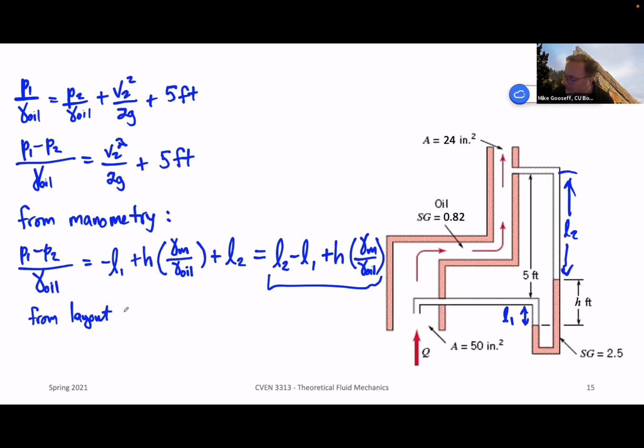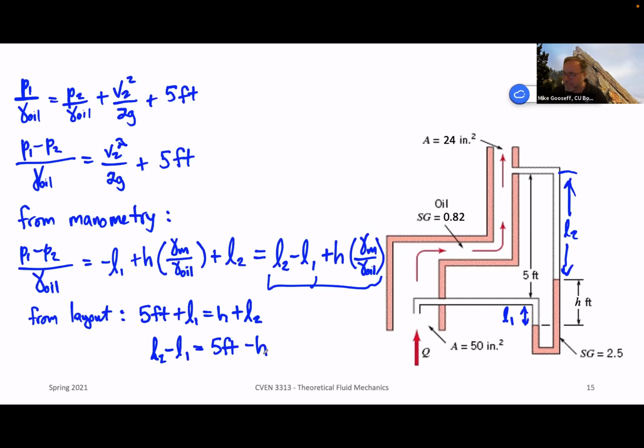Okay, so from the layout, we know that 5 feet plus L1 is equal to H plus L2, okay? And I can rearrange that now because I have this as L2 minus L1 right here. I'm just going to rearrange that to solve this in terms of L2 minus L1. So L2 minus L1 is equal to 5 feet minus H, okay?